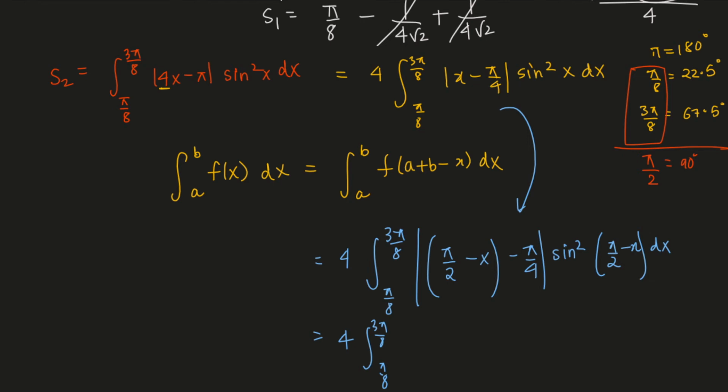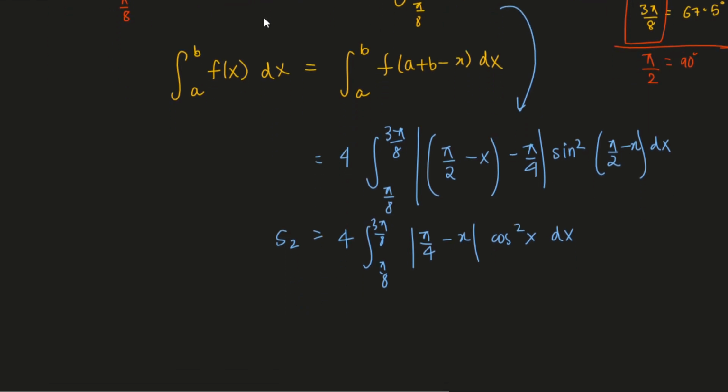This gives us the modulus of pi by 4 minus x times sine squared of something. But notice that sine squared of pi by 2 minus something is equal to cos squared of that number. So I can just write that down there. So cos squared x dx. This is also equal to S2.